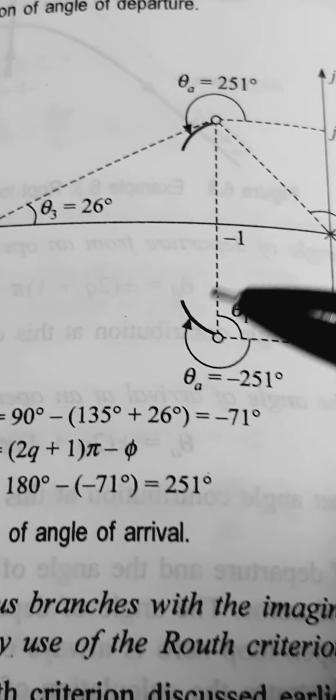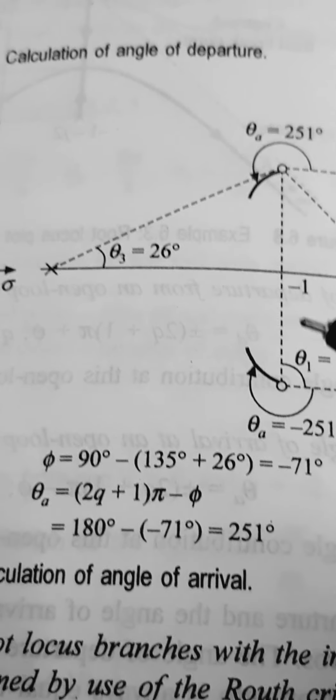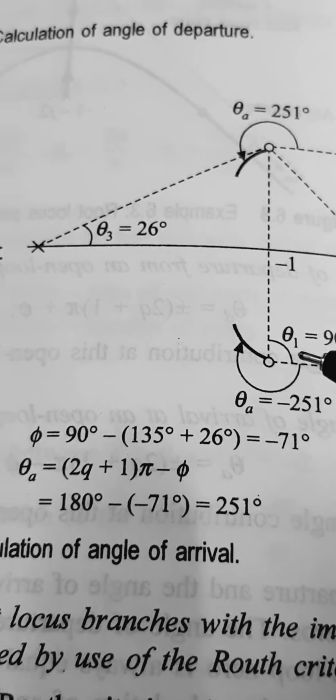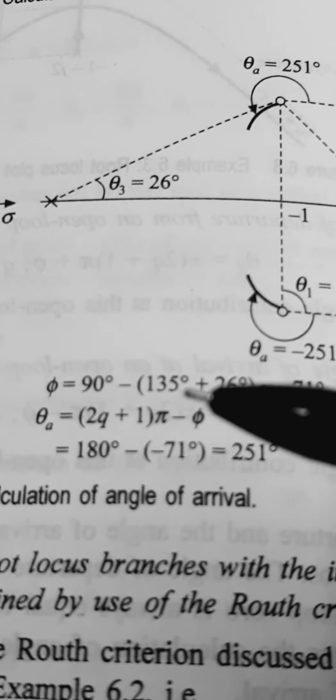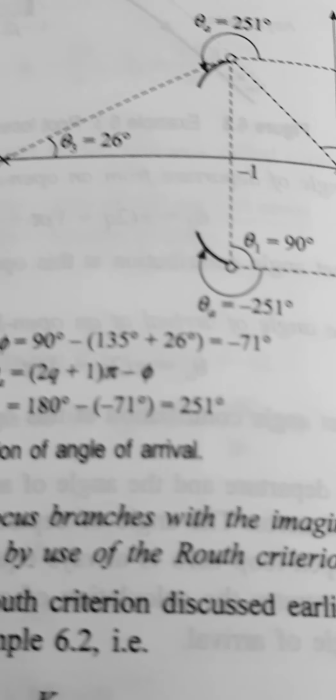Here also first consider zero minus poles, that is phi is theta 1 minus theta 3 plus theta 2. So 90 degree minus 135 plus 26 degree is equal to minus 71 degree.